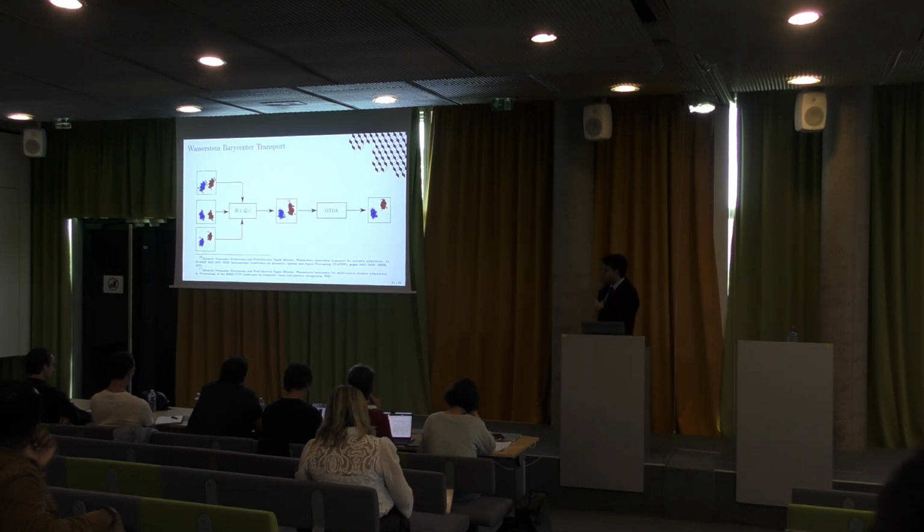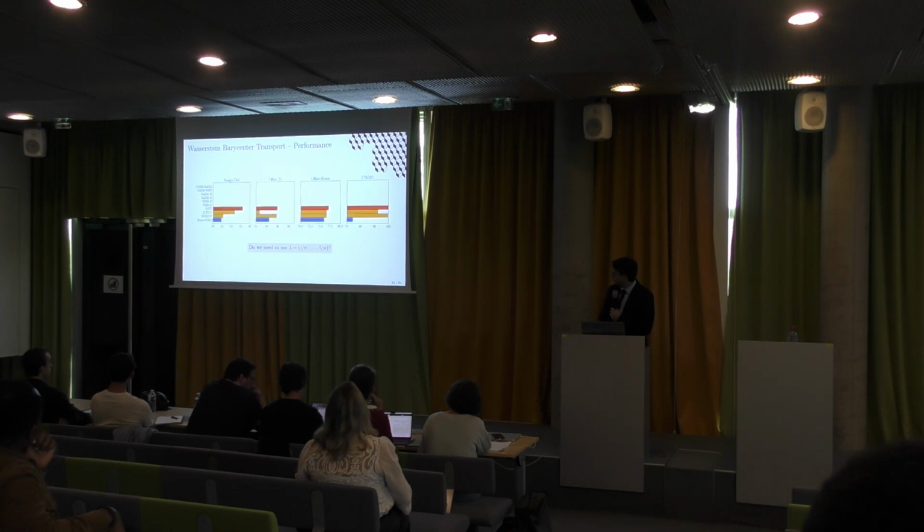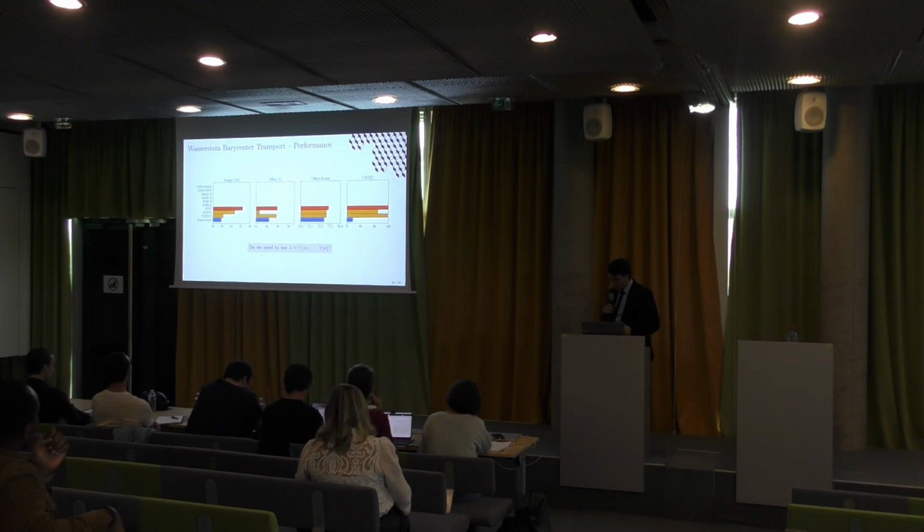You get the distribution in the middle, the barycentric distribution. Of course, it does not necessarily resemble the target, so you do an OTDA step for matching the barycentric distribution with the target one. We compared that with other methods in the state of the art, and we saw that it worked quite well.